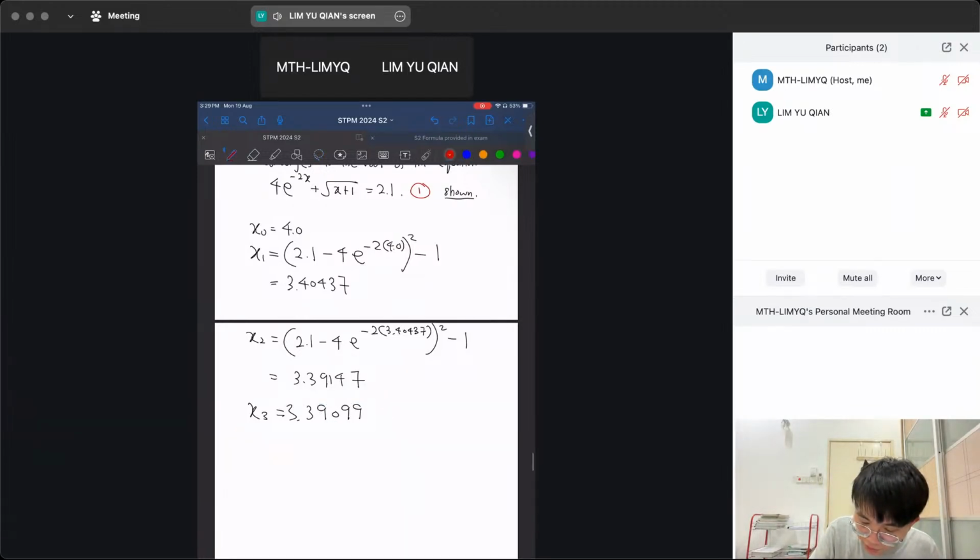Okay, so let's write the values if you round off to 3 dp.